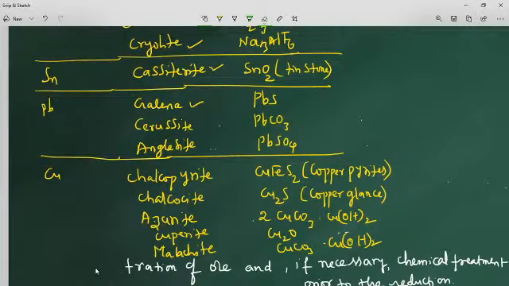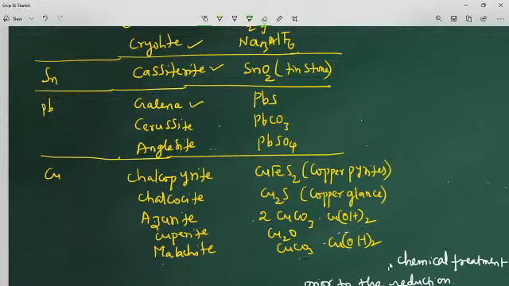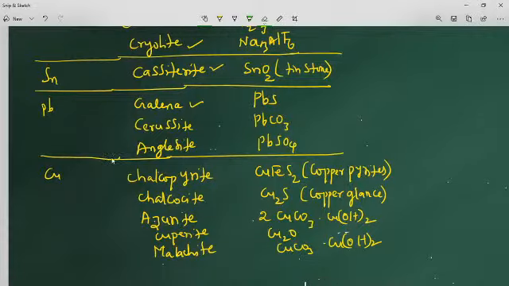Among these copper ores, the most important one is copper pyrites, and even ores like chalcocite and azurite they ask in the examination. So the most important ones are cuprite and chalcopyrite, we can say, these two.